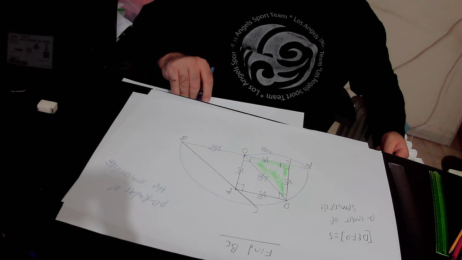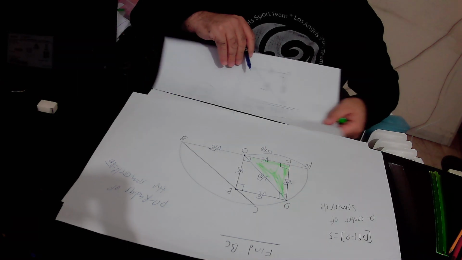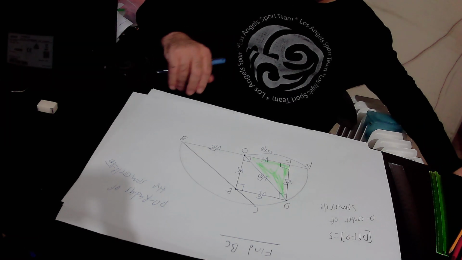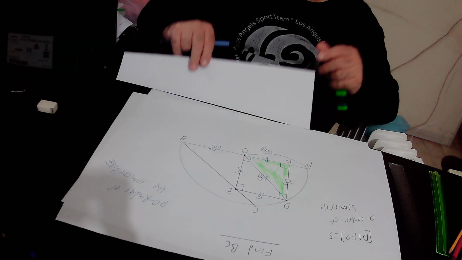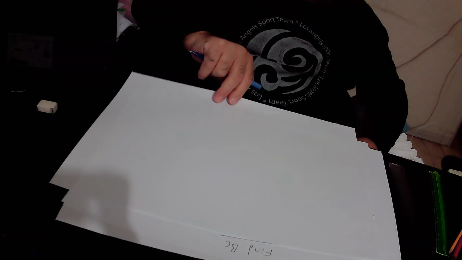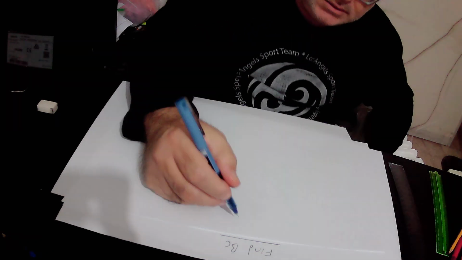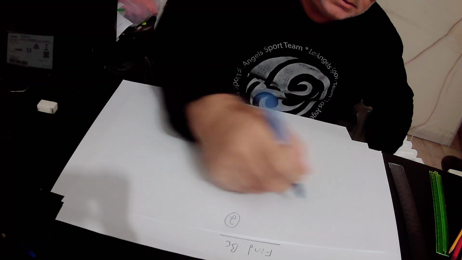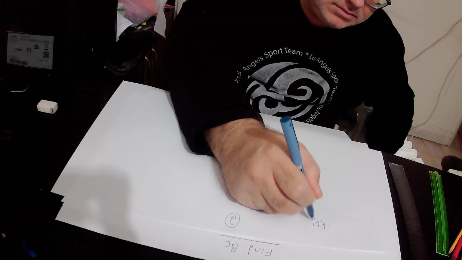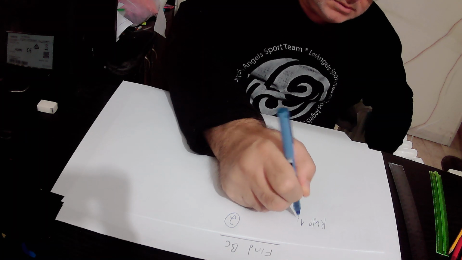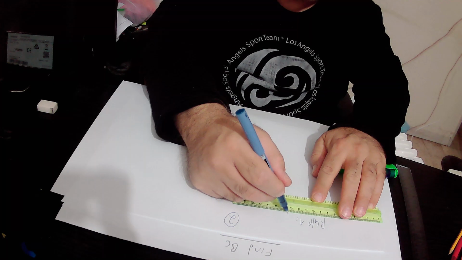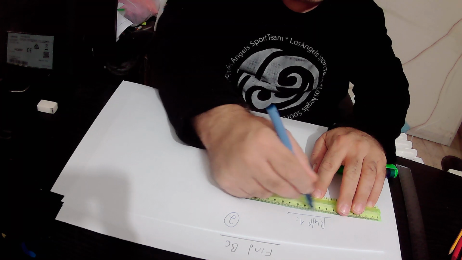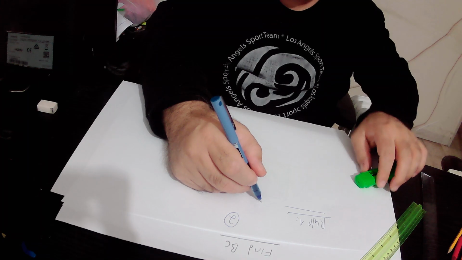In the next step, I will present to you a new rule. This is actually rule number 1. According to rule number 1, the sum of the angles on one side of a straight line is equal to 180 degrees. I write it down.